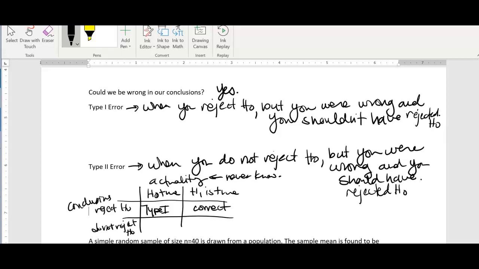If you do not reject H naught and H naught actually was true, good job, you were correct. If you do not reject H naught but H1 actually was true, you have a type 2 error because you do not reject H naught but you were wrong and you should have. Okay? So let's go through and see this in practice.